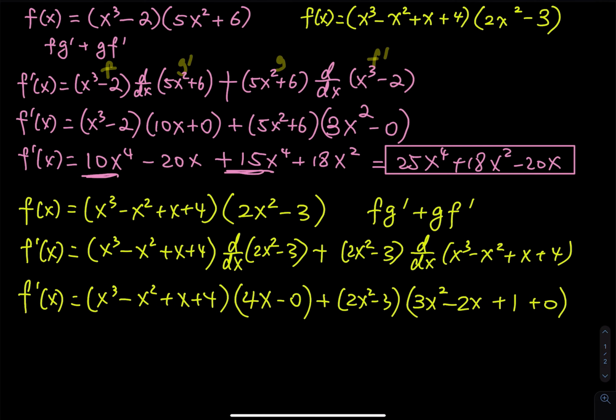So what we did is, this is fg prime, and then this is gf prime. So if you just need the derivative, then this is the final answer, which is what I usually ask my students to do on exams, because sometimes they got the derivative right, but they expand the derivative wrong, and they usually come back to ask for partial credit.